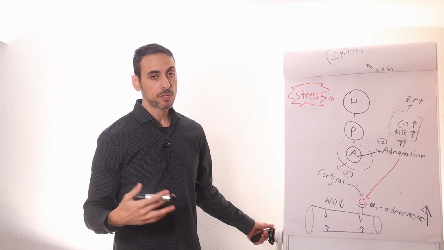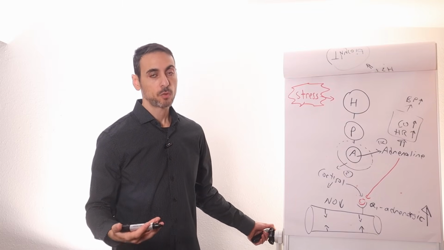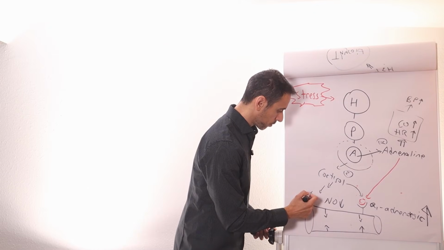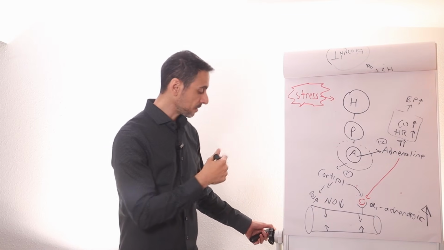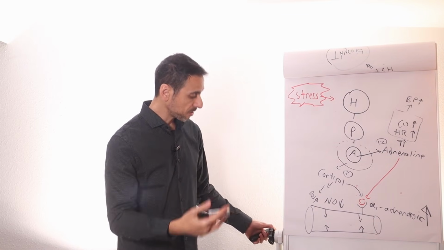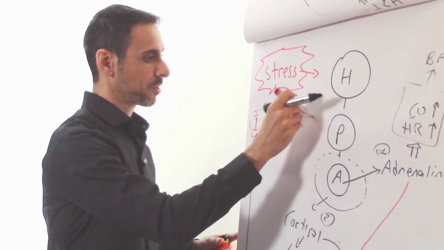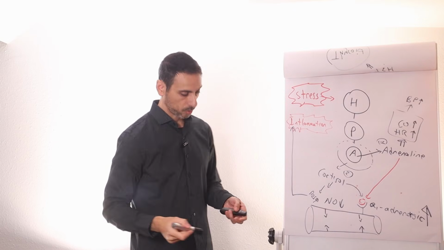It also increases oxidative stress, which further degrades nitric oxide. So we get reactive oxygen species as a result of that as well. Now, reactive oxygen species also lead to inflammation, and this is a key player in atherosclerosis.